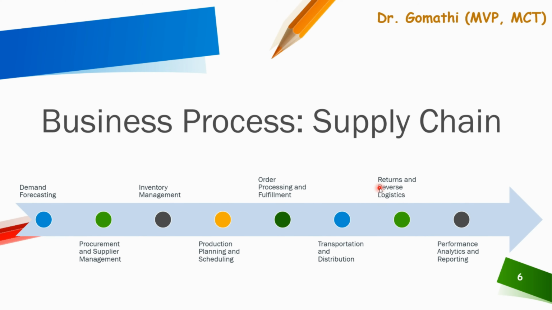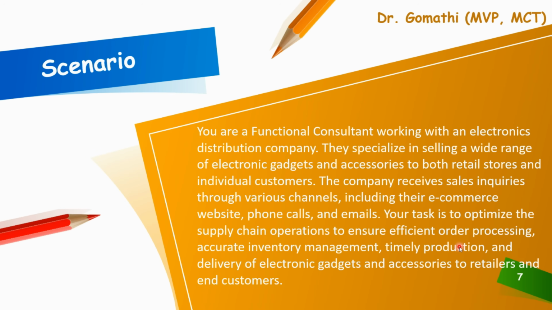Returns and reverse logistics: managing the return of products from customers, assessing returned items for quality or refurbishment, and reintegrating them into inventory or disposal. And finally, performance analytics and reporting: monitoring and measuring key performance indicators to assess the effectiveness of supply chain processes and identifying areas for improvement.